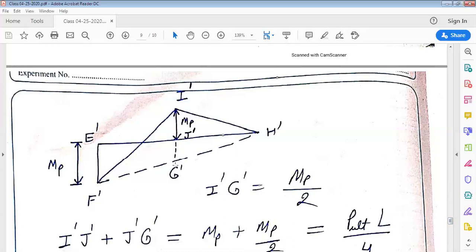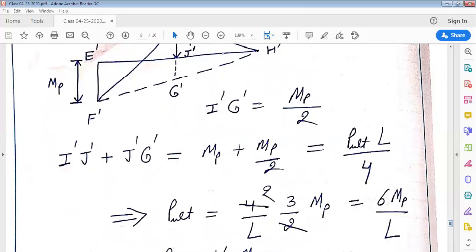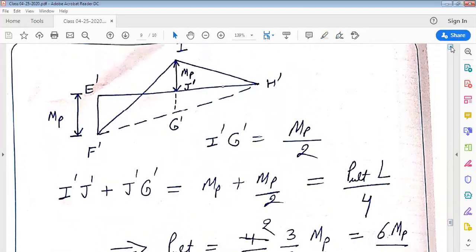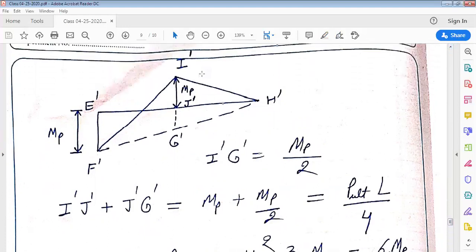And this we can see from observing that triangle E dash H dash F dash is similar to triangle J dash H dash G dash. And from here we can write I dash J dash plus J dash G dash equal to MP plus MP by 2.